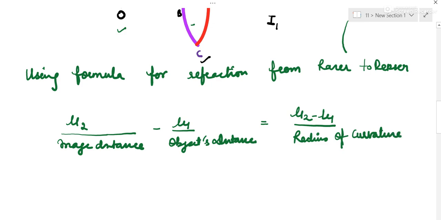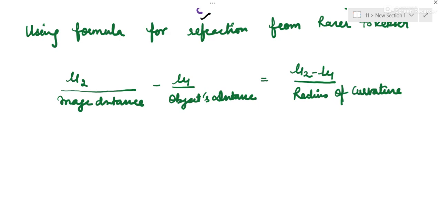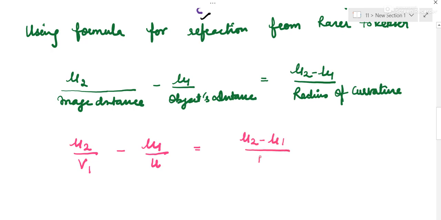So let us substitute the values. You can see image distance we took as V1, object distance as U, and it's mu2 minus mu1. First surface was involved, so it's R1. This is my first equation.